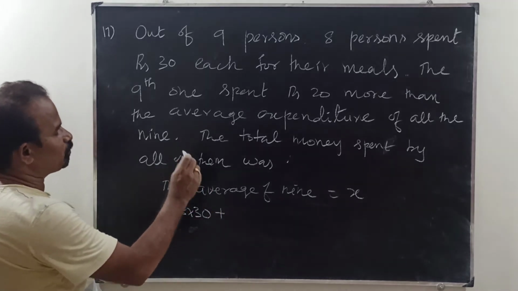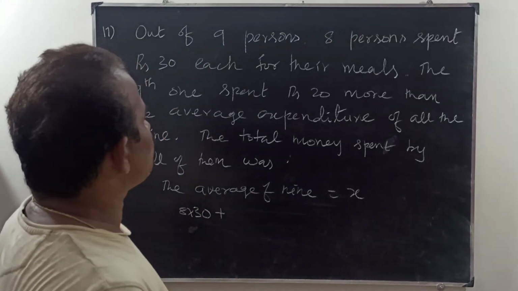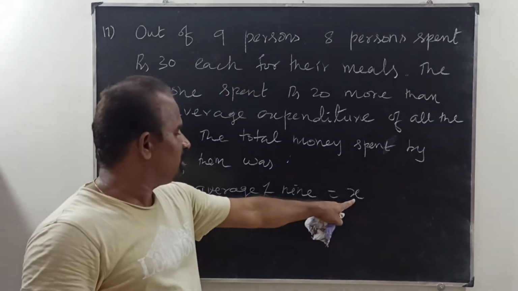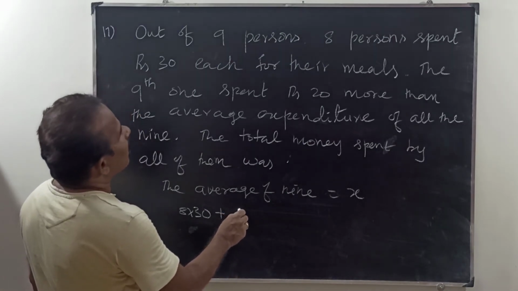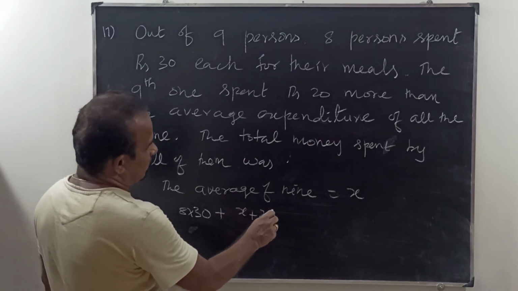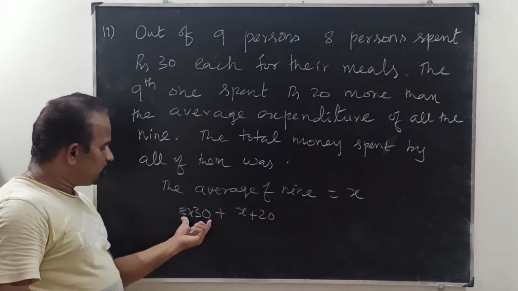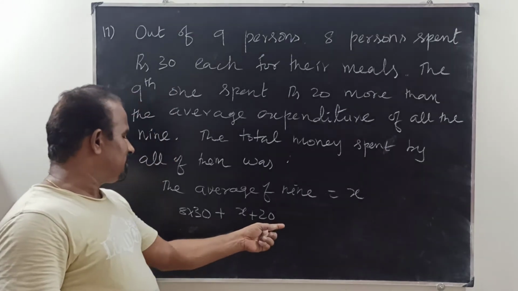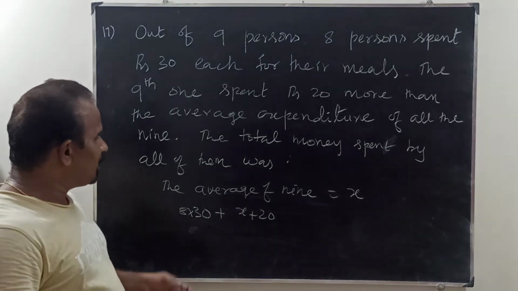The 9th person spent rupees 20 more than the average expenditure of all the 9. The average expenditure of all the 9 is x. So the 9th person spent x plus 20. This is the 8 persons' expenditure, this is the 9th person's expenditure, so this is the total expenditure of the 9.